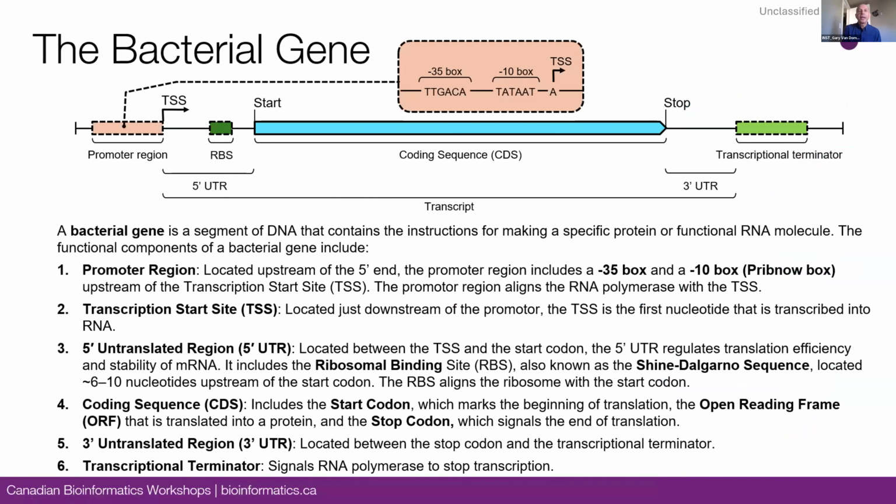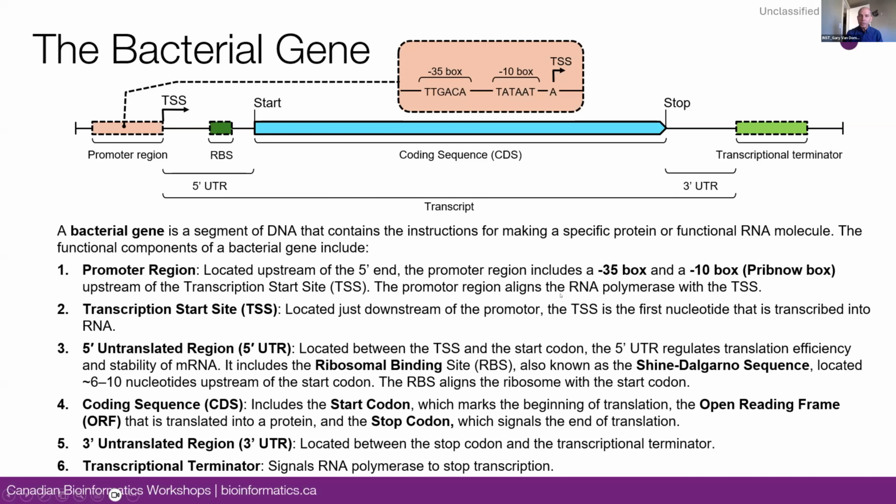All right. I want to cover a little bit about the bacterial gene itself. Maybe the best way to understand this slide is to recall that a bacterial gene encodes a protein through two steps, right?